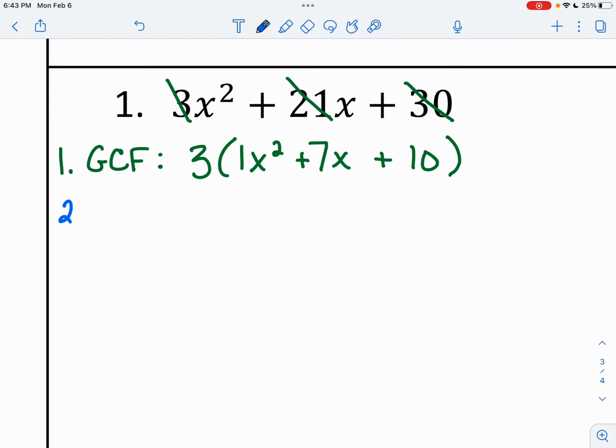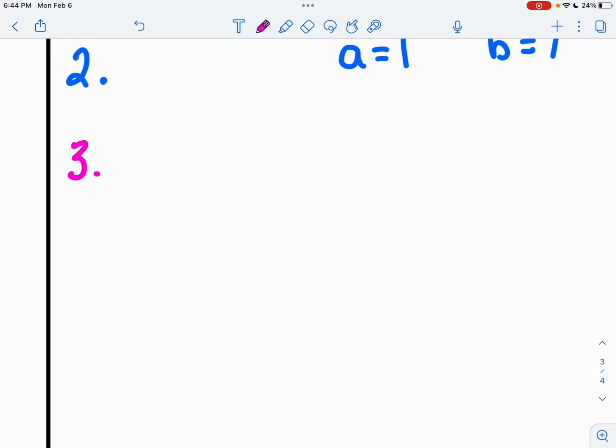Step 2, you're going to identify what we call A, B, and C. A is the number in front of x squared. B is the linear coefficient, the number in front of x. C is the constant in the back. Step 3, now that you've identified A, B, and C, you're going to make yourself a little chart.